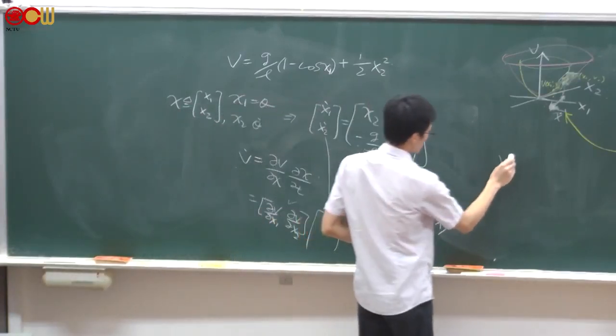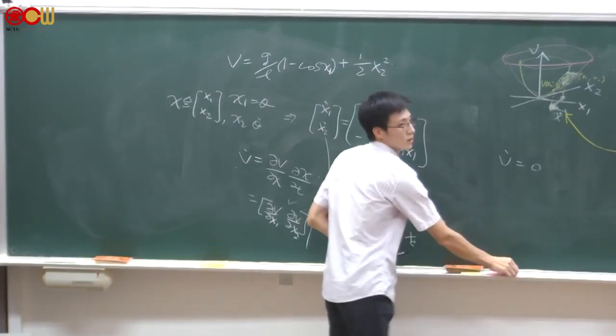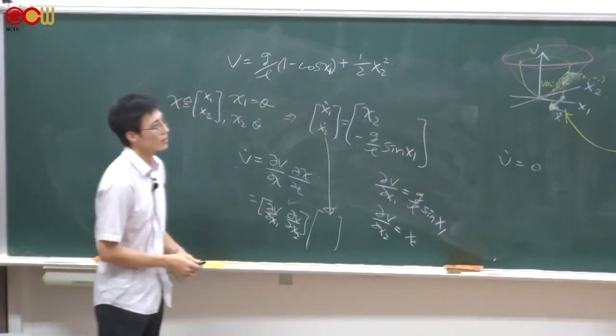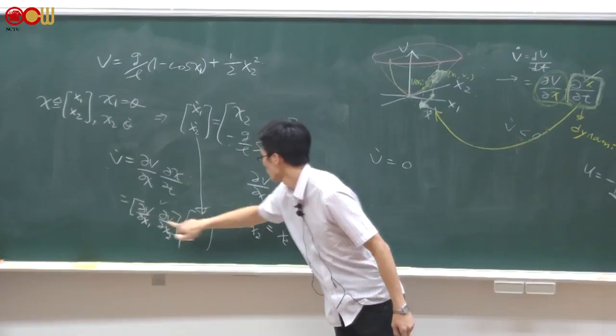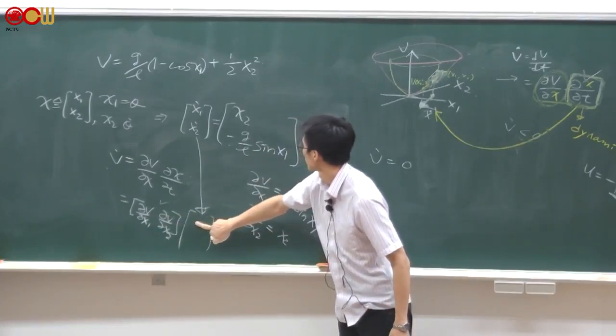So what is V dot? V dot will be 0. So this times x1 dot, right?